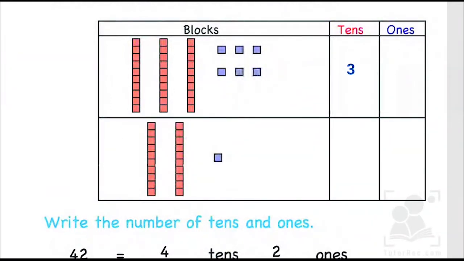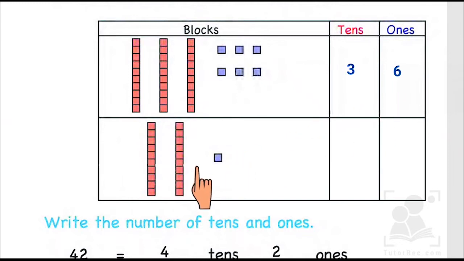And how many ones? 1, 2, 3, 4, 5 and 6. 6 ones. So we are supposed to write 6 over here. So it becomes 36, which we can break into 3 tens and 6 ones.